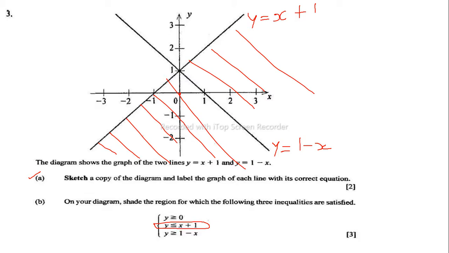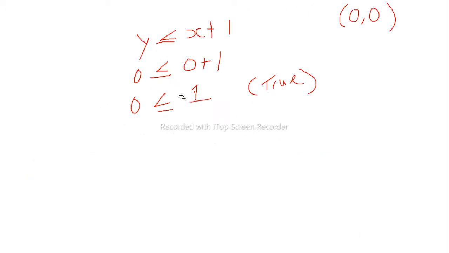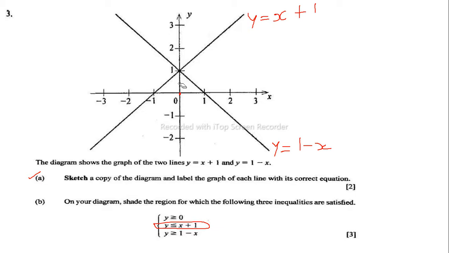That means that all these shaded parts are not needed. We just need to show support for y is less than x plus 1. Remember, the true side is the one that we shade, and so that'll be all of this bottom part. But because we're only considering the top, you can only shade the inside.